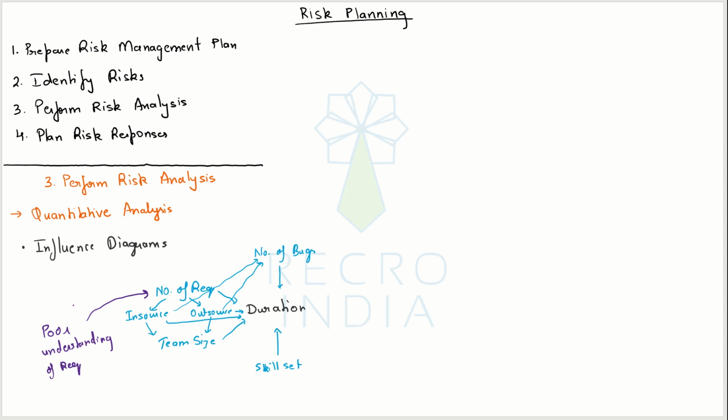And this particular risk is also impacted by the skill set, as in the better the skill set of the team is, the lesser the chances of poor understanding of requirements will be.